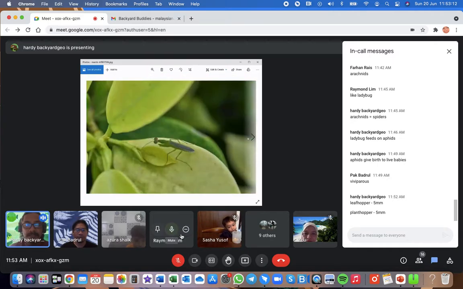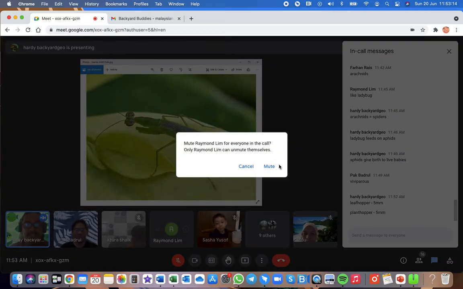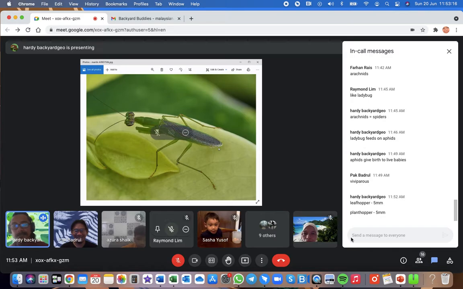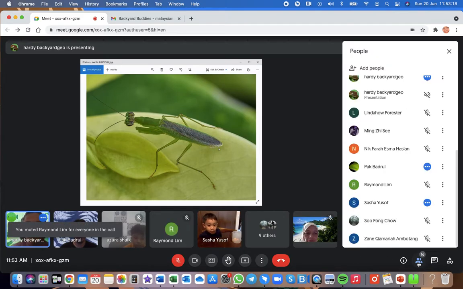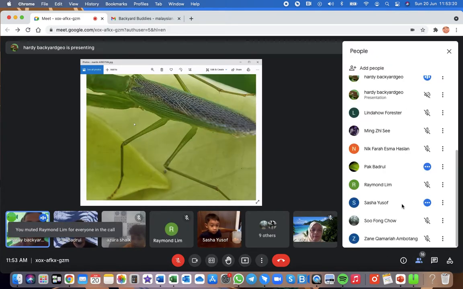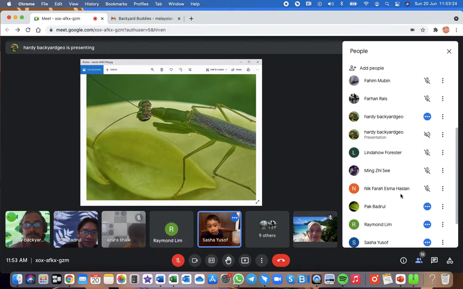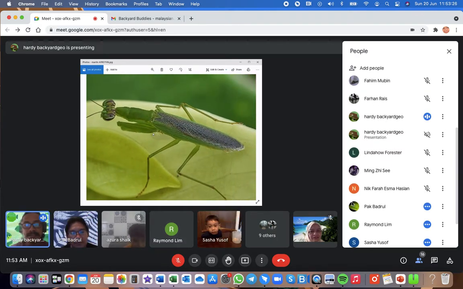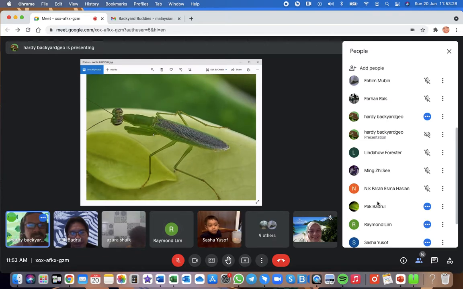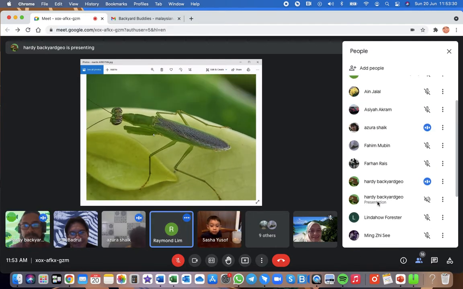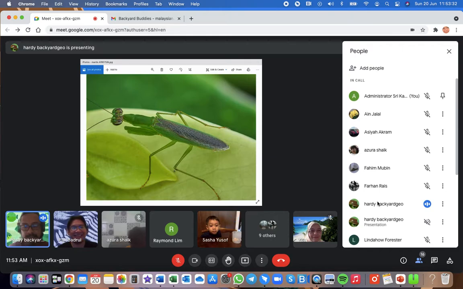Next one we have. What is this? I think everybody knows what this is. This is a praying mantis.